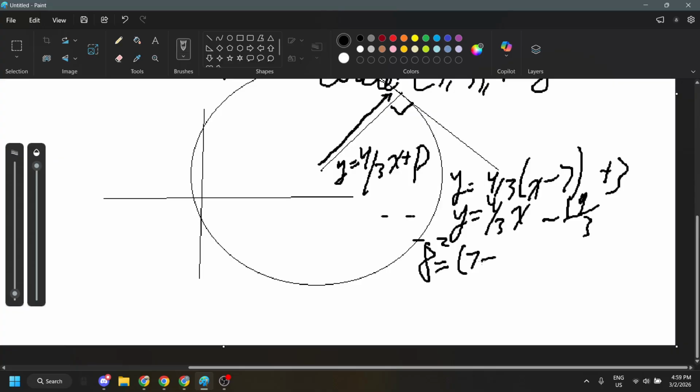So I'm going to say just an L increase. So an L increase squared plus 3 minus, and then that's going to be 4/3 L squared, right? Because y is equal to 4/3 L minus 19 thirds.